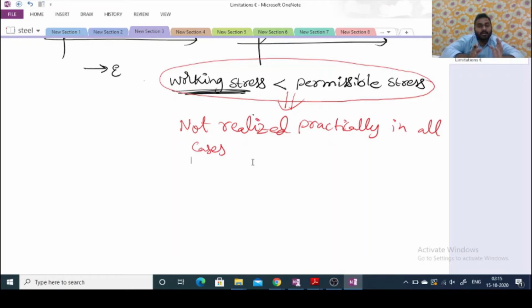These effects deviate the behavior of the structural material from linear to non-linear. As we have discussed, the material behavior is linear in the working stress method, but because of these effects, the material behaves non-linearly.